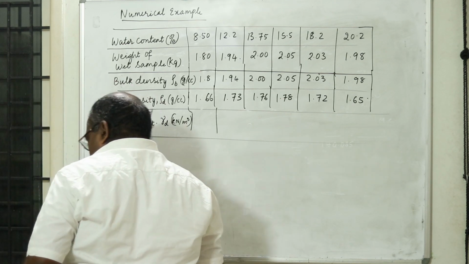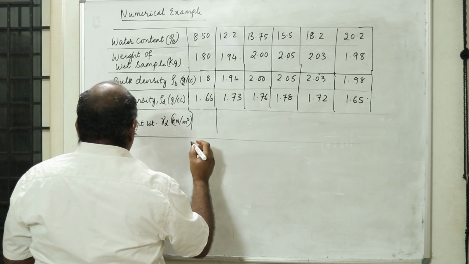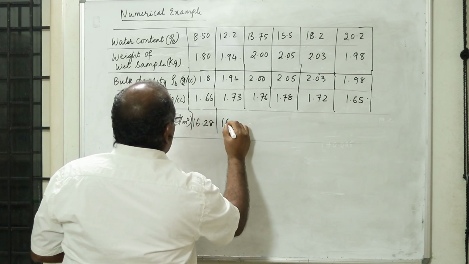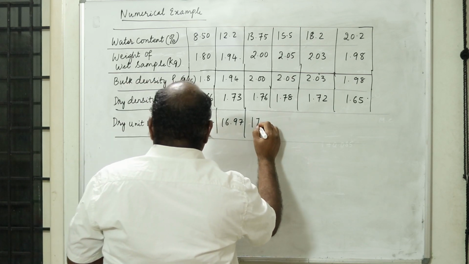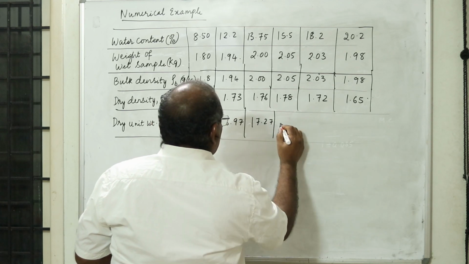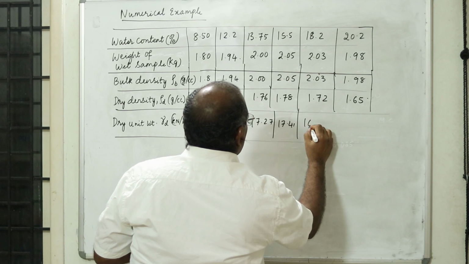Now, who can get these values? I have got 6, seven.